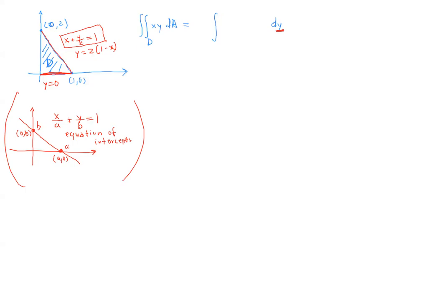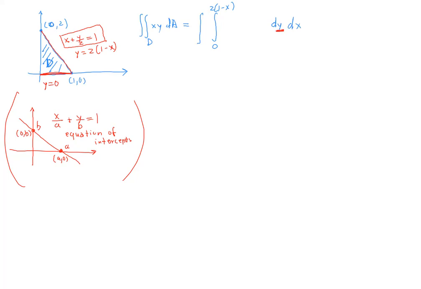And let me go back to the computation of my integral. Again, the most important part of the whole process is to write it as an iterated integral. So dy now will go from 0. We have solved in terms of y the upper boundary, so this will be 2 times 1 minus x. And we also have the horizontal integration.